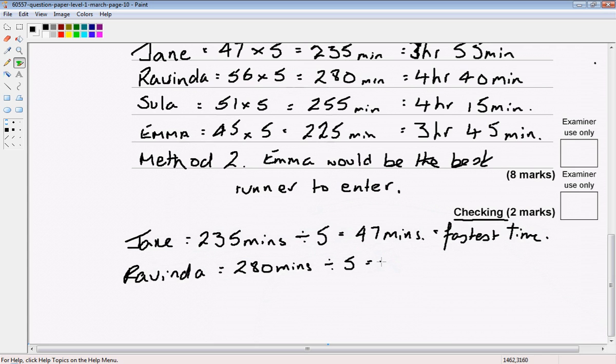So if we divide this by 5, we get 56 minutes, which equals her fastest time. Okay, and the examiners are very happy with that. You've shown that you can work these calculations in reverse and get back to an additional piece of information.